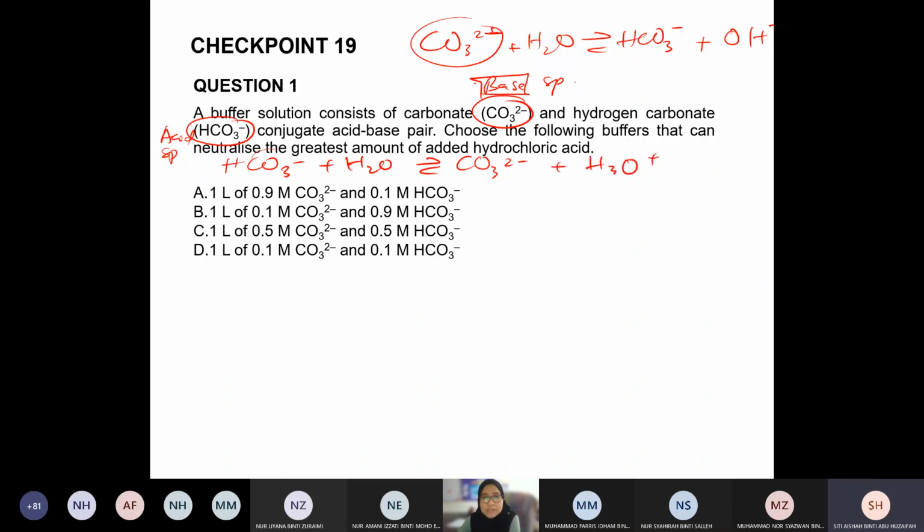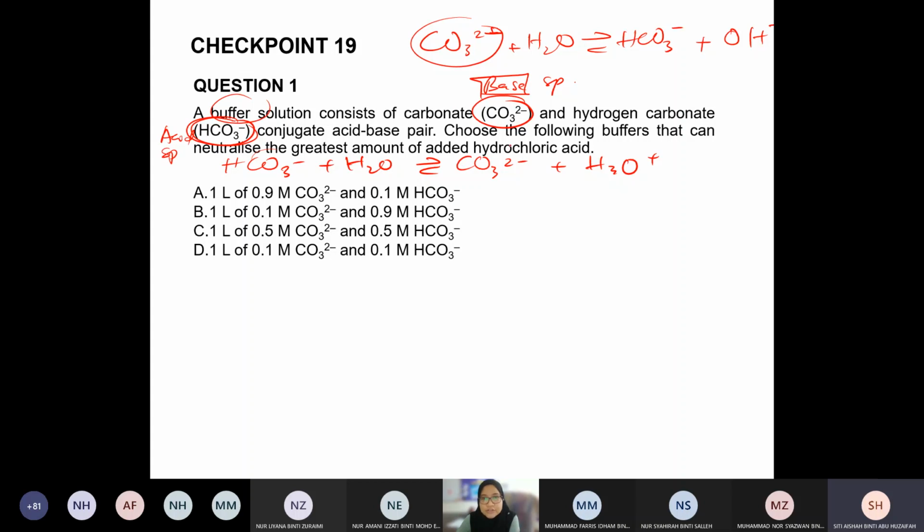Since we know this is the base, this one should definitely be an acid. Because it's a buffer, if both are bases it won't work. One should be acid, the other base. So we have an acid and a base.